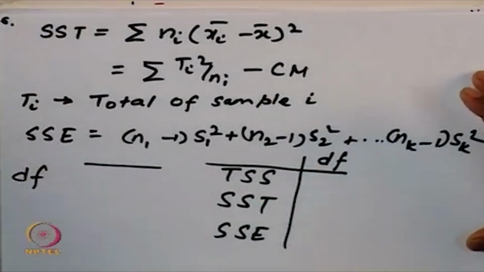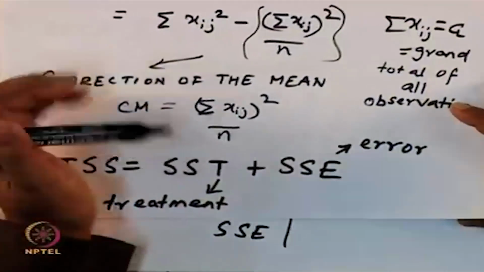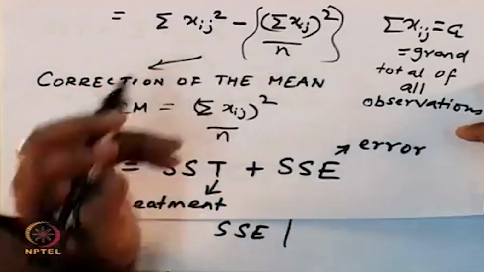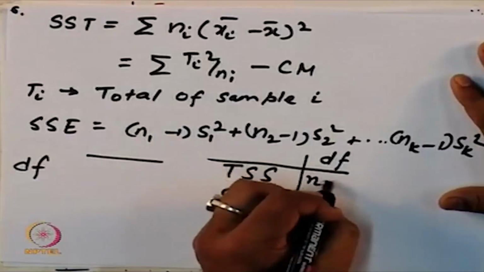For TSS, TSS has a total of n squared terms. So, the degree of freedom of TSS is n minus 1.